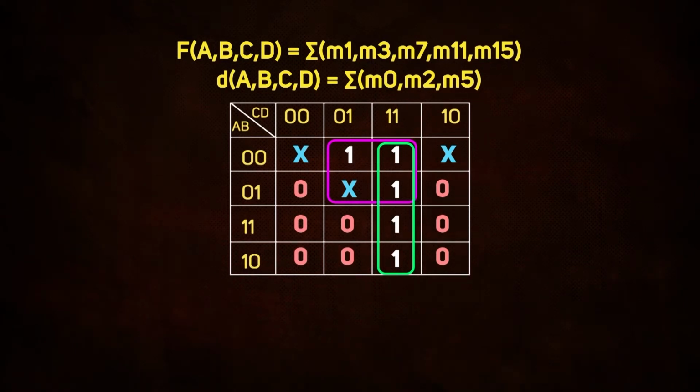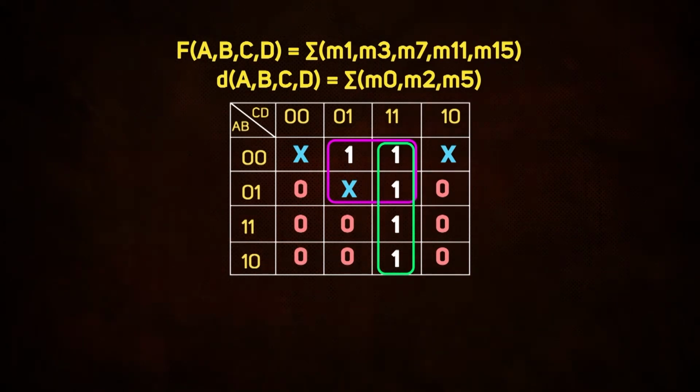The ones of this group have already been grouped and it is not essential to add those cells. Always include X in the group only if it can form a larger group. Never select a group that contains only X, and always recheck the groups and remove the redundant groups if present.